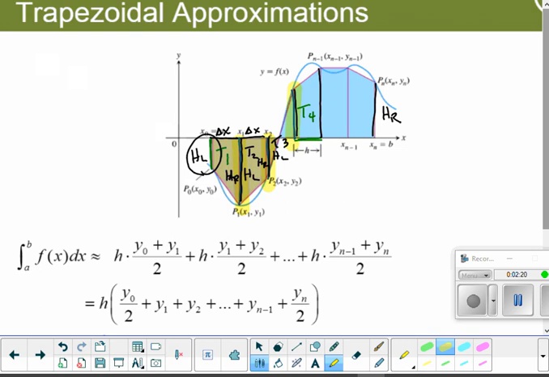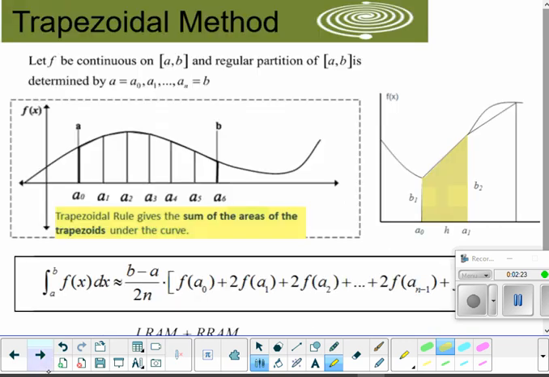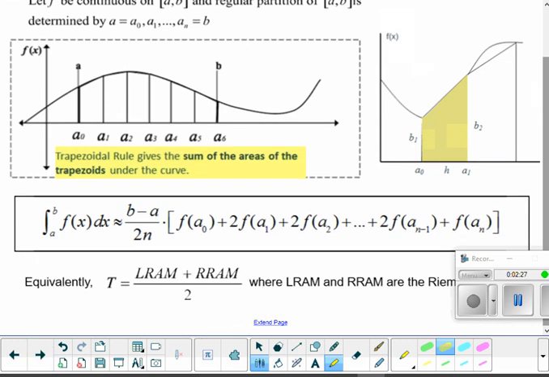Well, knowing that, it allows us to create a fast formula for trapezoidal. So if you don't like doing trapezoids one by one by one, there is a fast method. The fast method has one restriction though. You must have equal partitions.